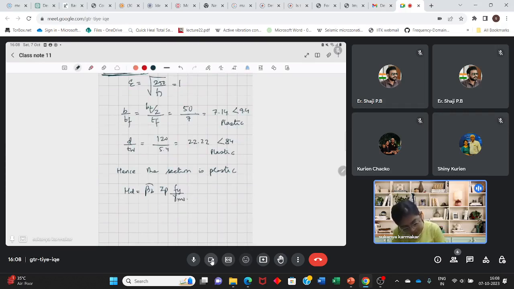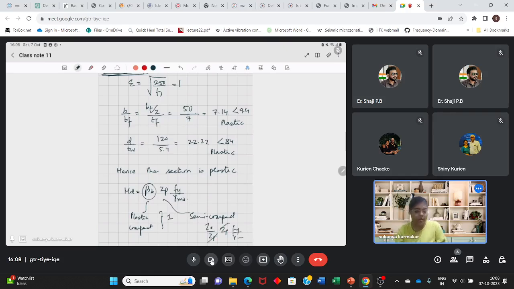When it is plastic and compact, this beta B is equal to 1. If it is semi-compact, beta B is ZE by ZP. So here you have ZP Fy by gamma m0.